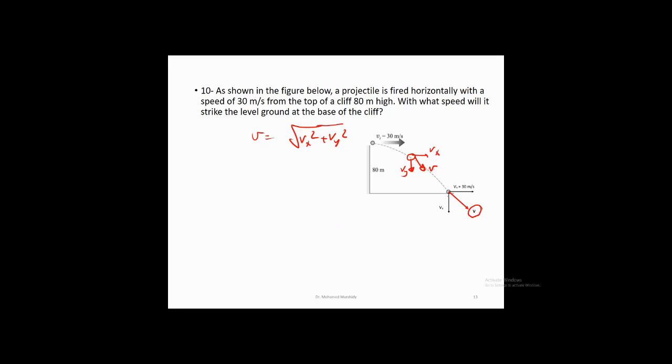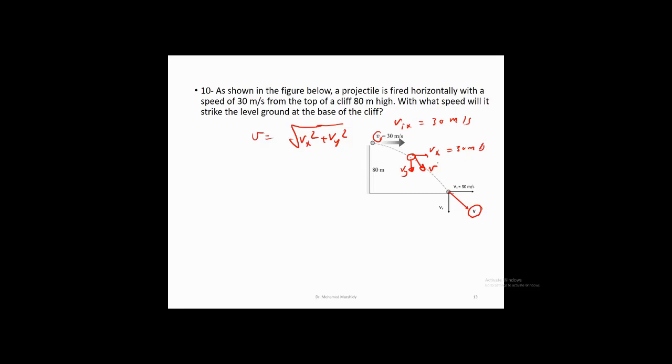Okay, how much is it here? Vx will be the same. Initial Vx is 30 meters per second. The velocity in the x direction initially, and at any time, is 30 meters per second. We said this before because the velocity in the x direction is not changing.